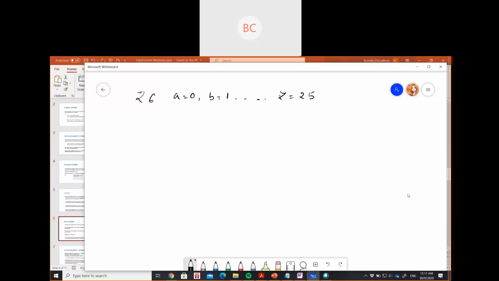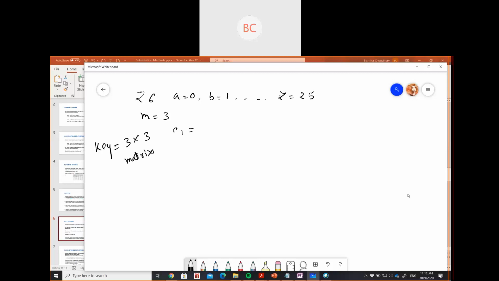Now, for example, your m is 3. m equal to 3 means you have 3 plain letters. So if you have 3 plain letters, then your ciphertext will also be a 3-letter word. So just for example, I'm considering m equal to 3. There will be a key. Now your key will be a matrix, and just think your key is a 3 by 3 matrix.